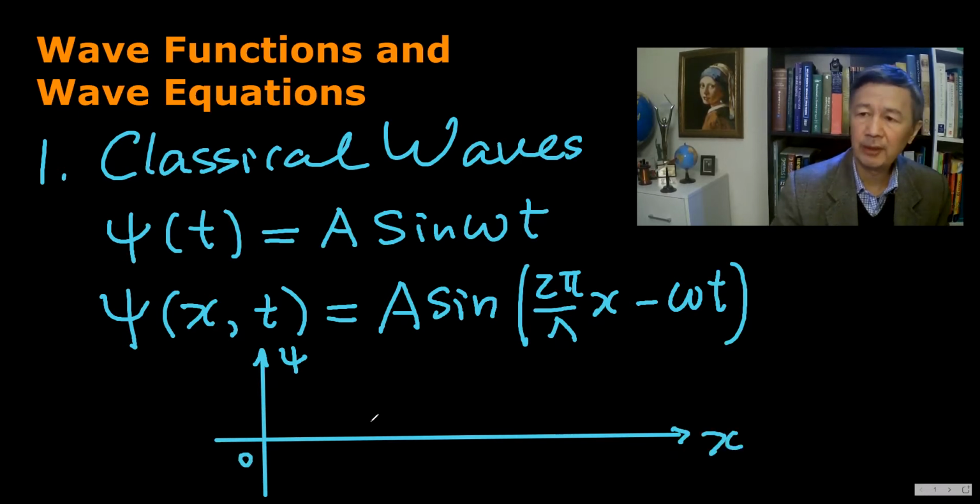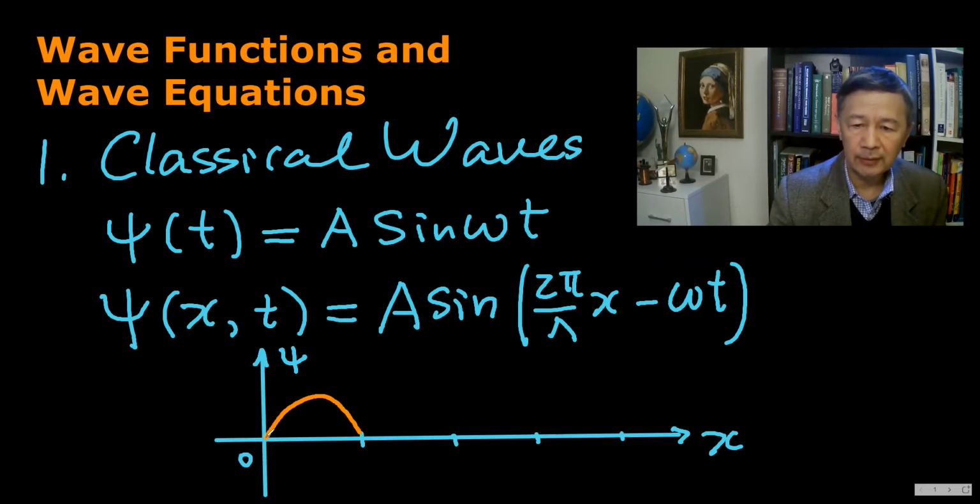With this simple coordinate, we can describe the wave. At the beginning, at time 0, the wave becomes the sine function. It's called a sine wave.